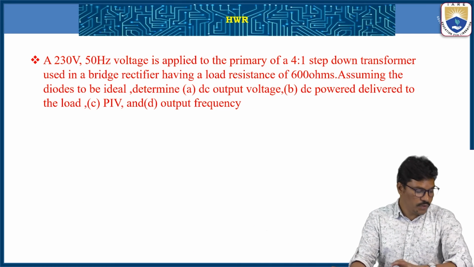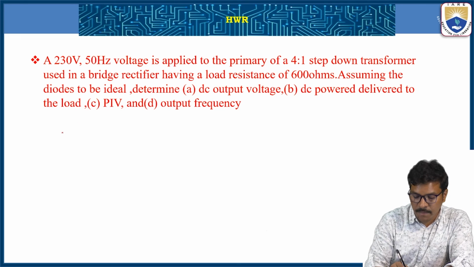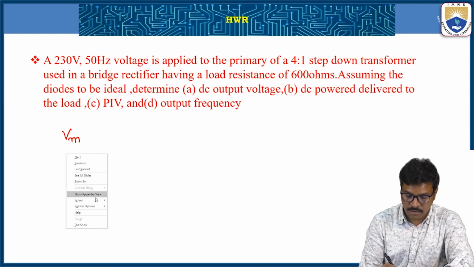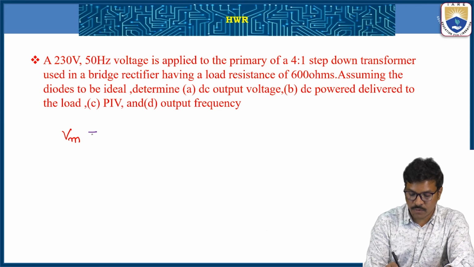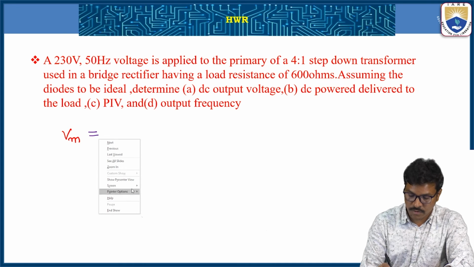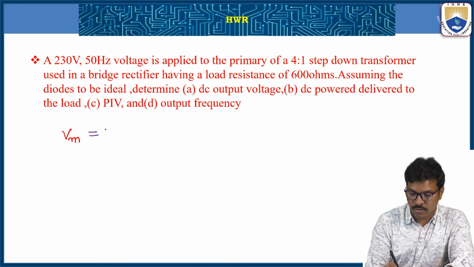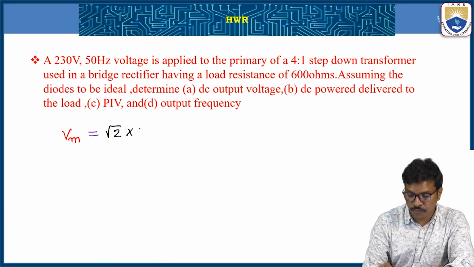So when we have V2 as 57.5, what is Vm? Basically the formula is Vm is equal to root 2 into V2 RMS.